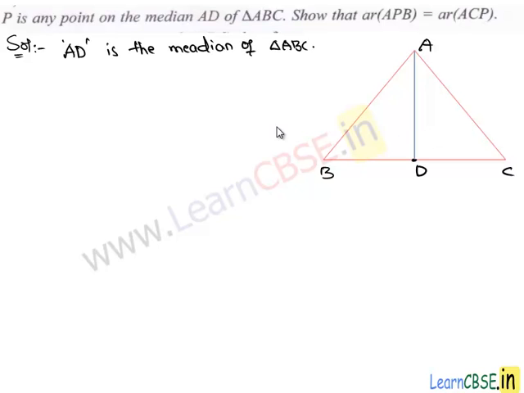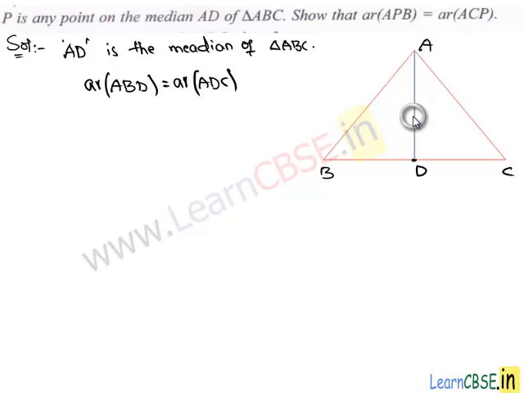If you look at the figure, we form two triangles, triangle ABD and triangle ADC. From the properties of a median, a median divides a triangle into two smaller triangles in such a way that the areas of these two triangles are equal. Therefore, area of triangle ABD is equal to area of triangle ADC. Similarly, we are given a point P on the median.